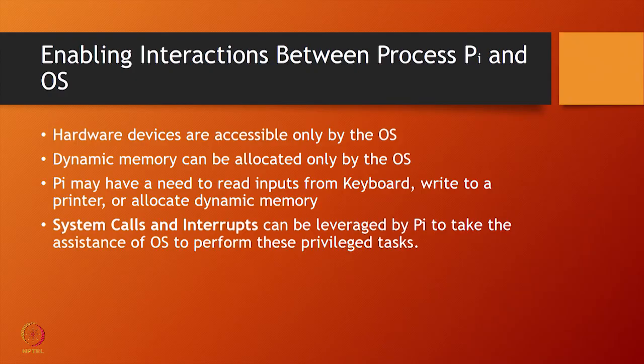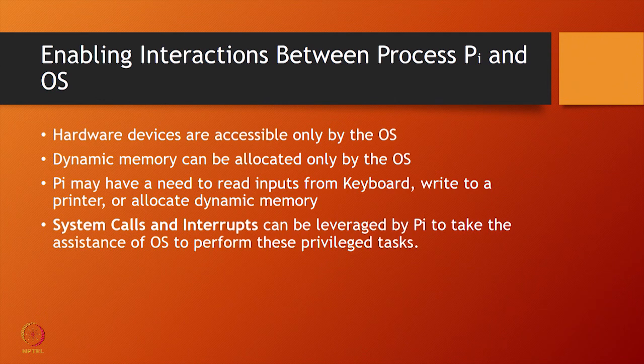There is a need for a process P1 to interact with the operating system, whether it wants to print some value, take some memory like malloc, or accept a value from a keyboard. For everything there is a need for the process to look to the operating system for help.